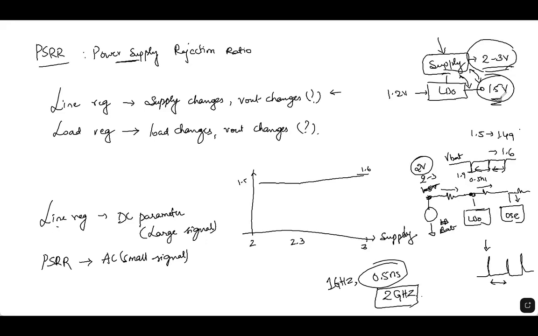Now, there are circuit techniques where you can reject the power supply noise effectively. How much noise we can reject, how much of the power supply related noise we can reject, that is what PSRR is, power supply rejection ratio.